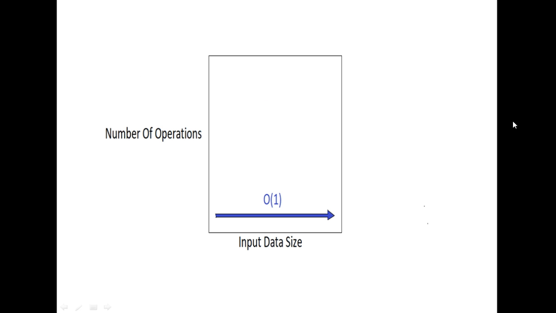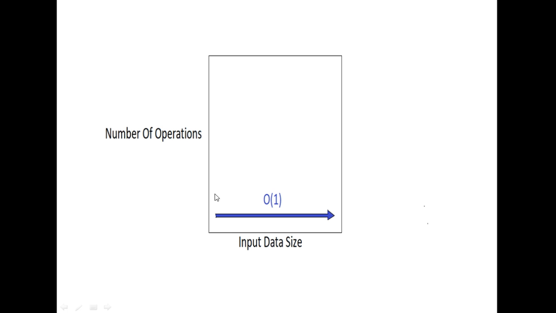Here I have a diagram. If you have knowledge of graphs, you can easily relate to it. This axis is the y-axis and this axis is the x-axis. On one axis I have given the input data size, and on the other the number of operations.